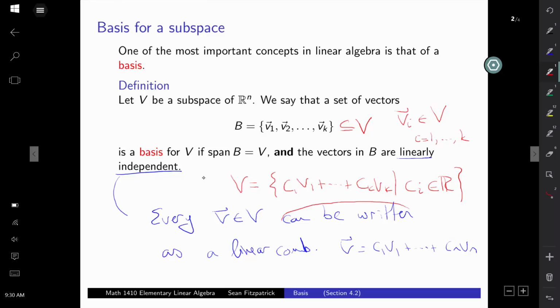The fact that it can be written, this is the span. This is the spanning condition.